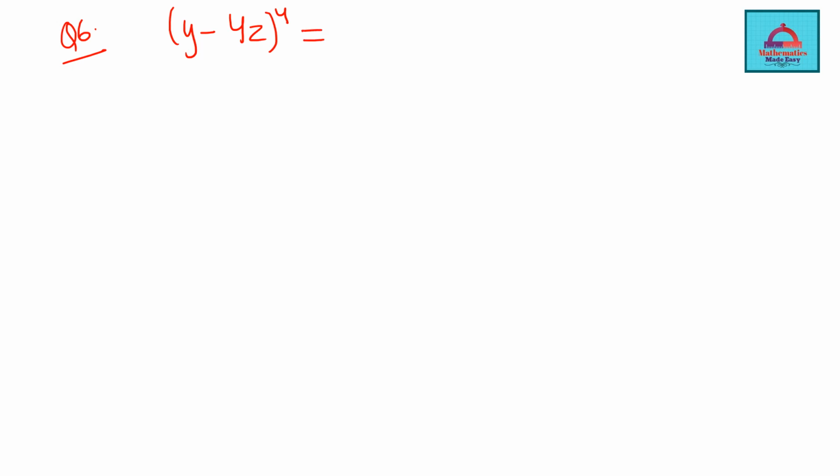So first I write the terms. The first term is y. Now I may just convert this into this form, y plus minus 4z to the power 4. Why do I do this? So that there is a plus sign and I can write each term in a similar manner. The first term, as you know, y will have the maximum power, n is 4 here. The next term, minus 4z, is going to be power 0.